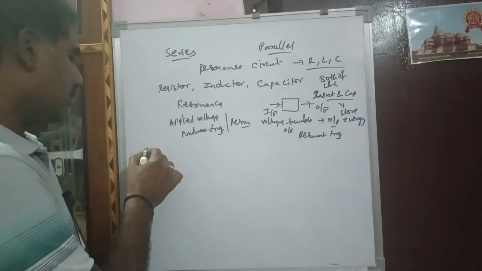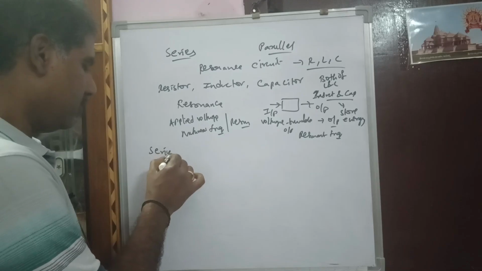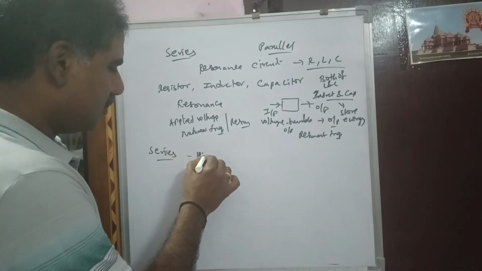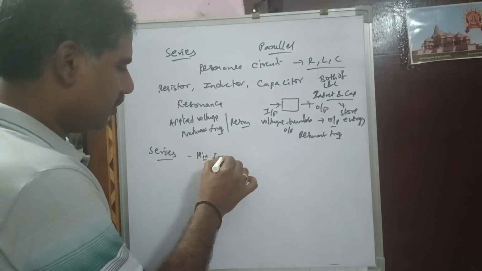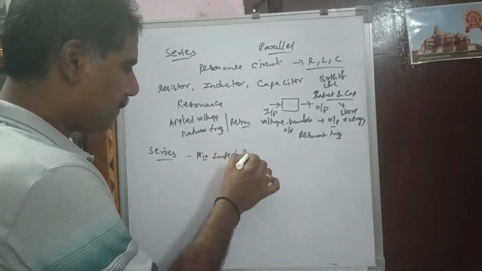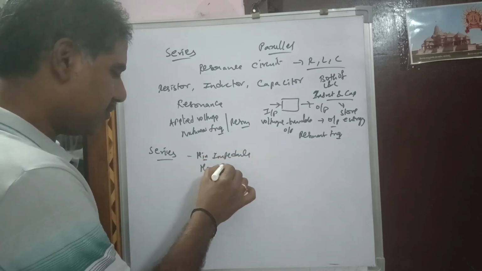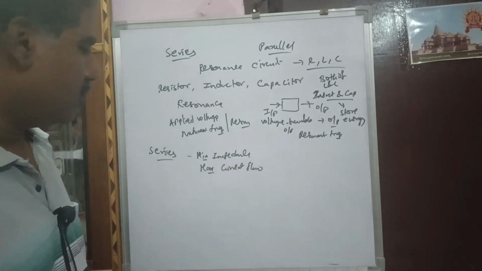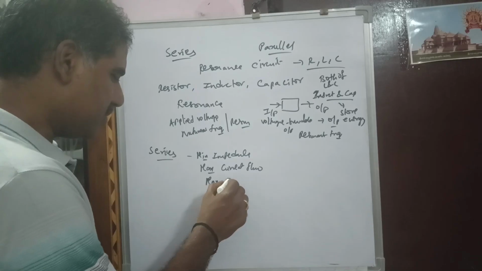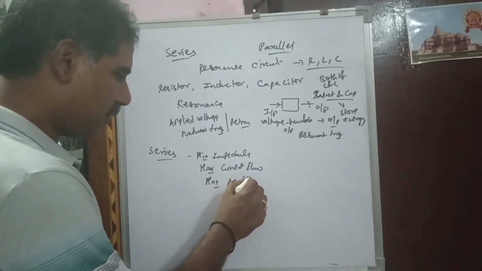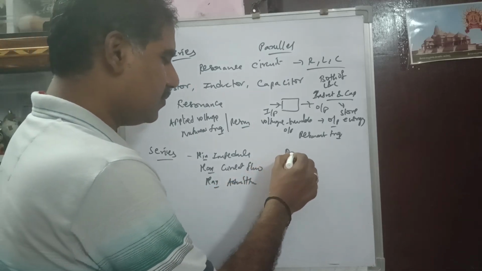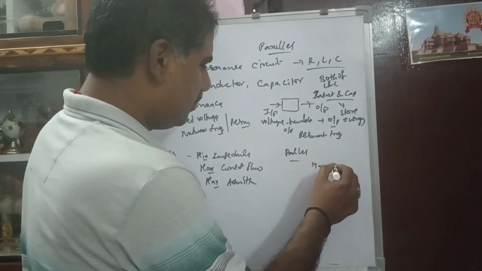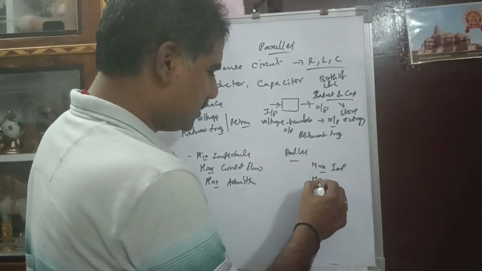In series, you get minimum impedance as well as maximum current flow, and maximum admittance. Whereas in parallel, you get maximum impedance as well as minimum current flow.